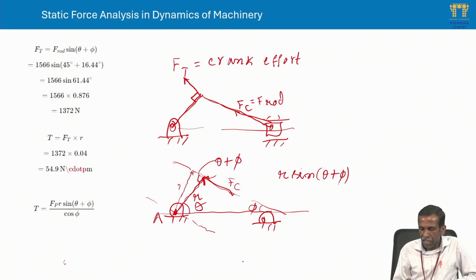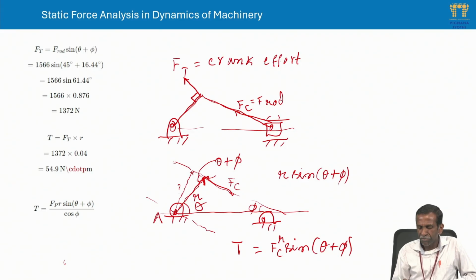So to get the torque on the crankshaft at A, it is Fc into r sin(theta plus pi), the perpendicular distance. As you know, taking moments about A, it is Fc into the perpendicular distance. We know Fc, we know r, we know theta plus pi, so we can directly calculate the torque.